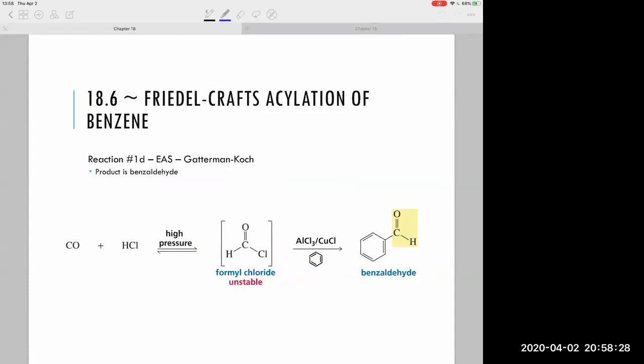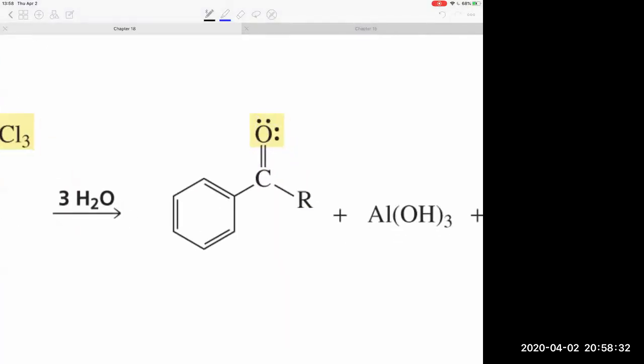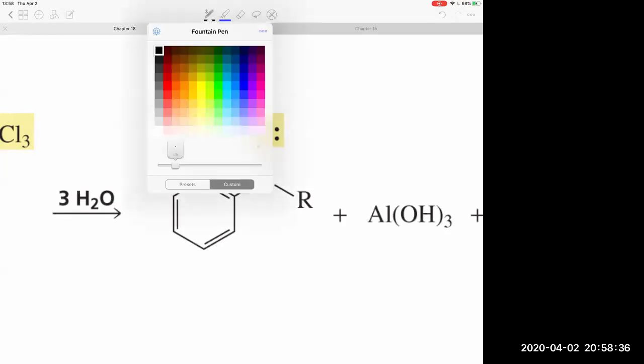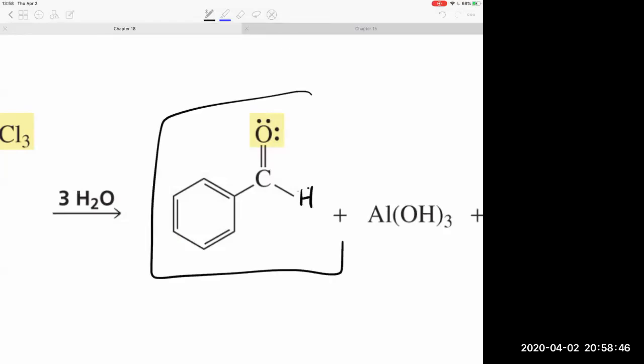Now, this was a great way of acylating your benzene ring. Well, what if you wanted this R to just be a hydrogen? What would this compound be called? Does anybody remember? Benzaldehyde.